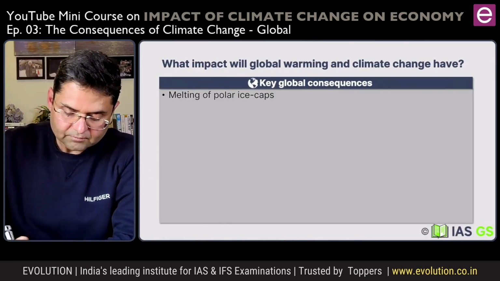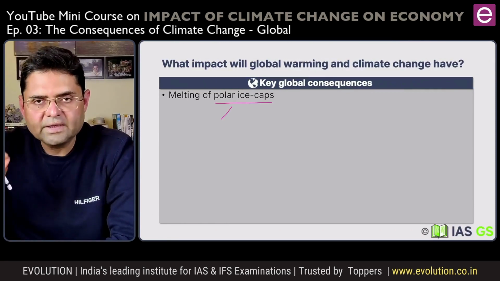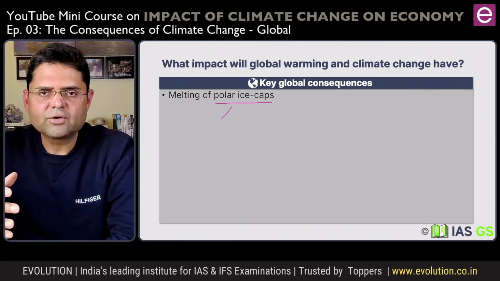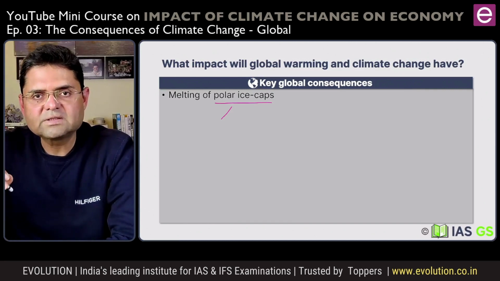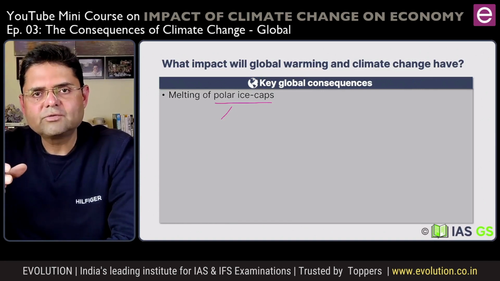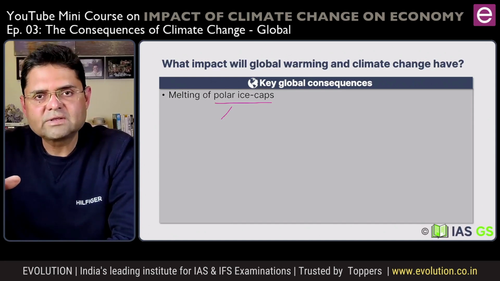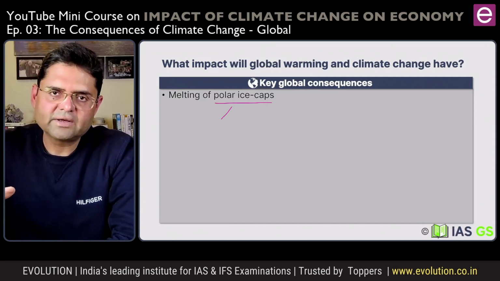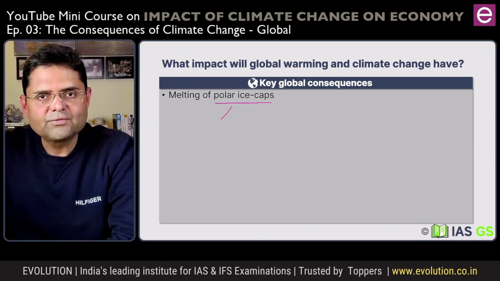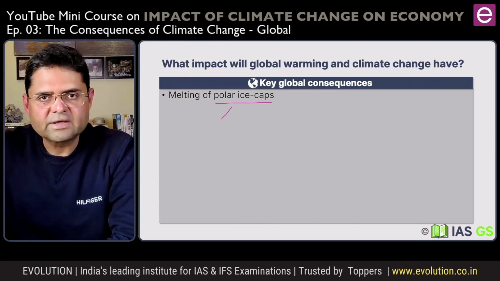Moving next, melting of polar ice caps will be destroying the polar ecosystems, polar biodiversity. The polar areas are not very rich in biodiversity, but they support very unique biodiversity. The biodiversity that you will not be finding in any other part of the world. But if the polar ice caps melt, one of the obvious consequences will be the polar biodiversity starting to deplete.